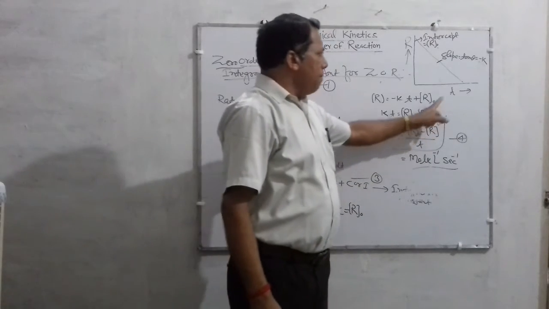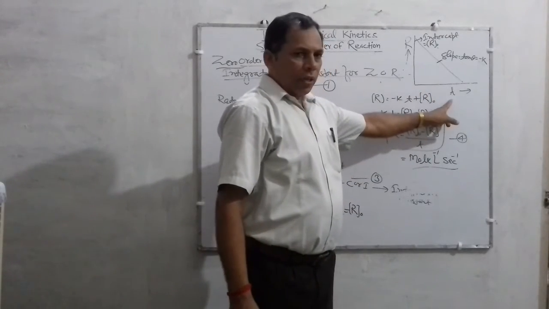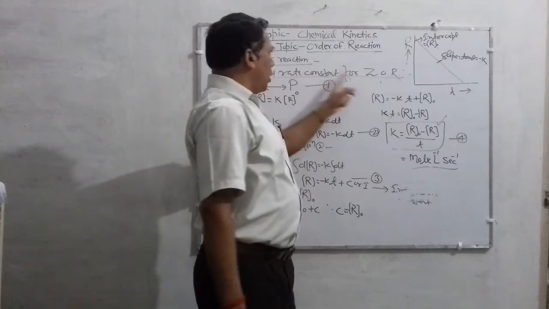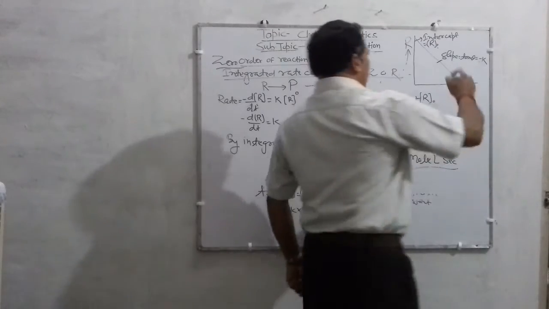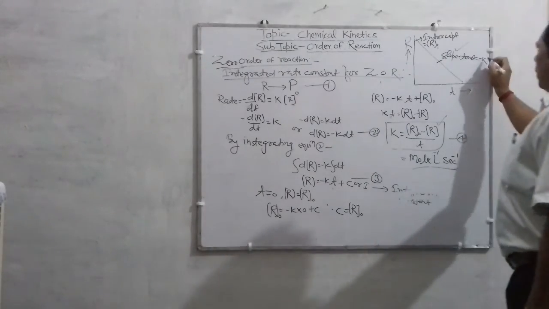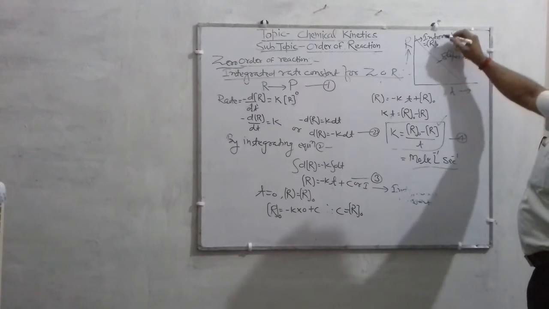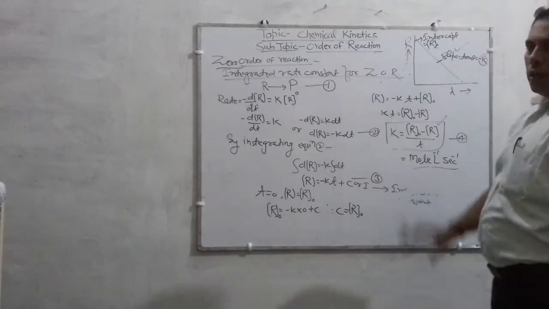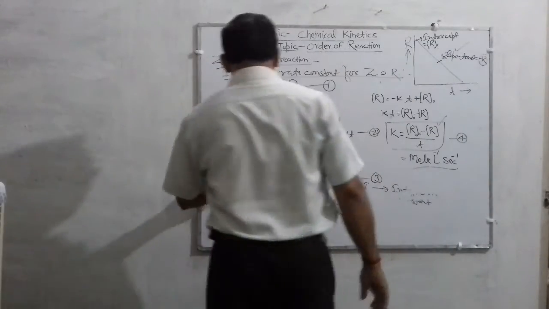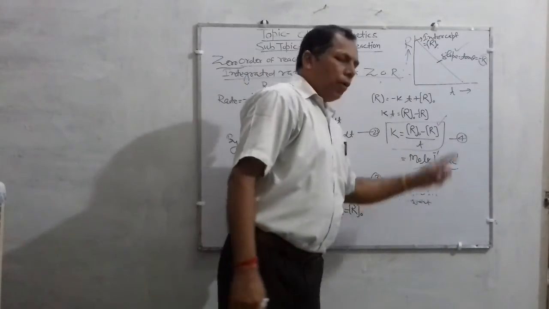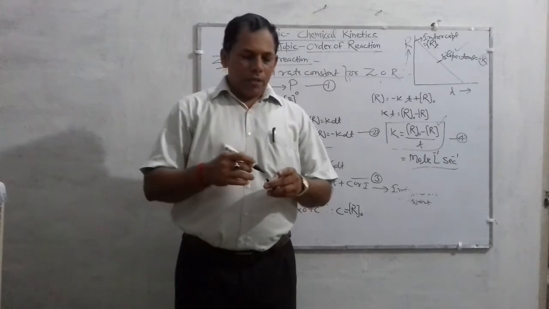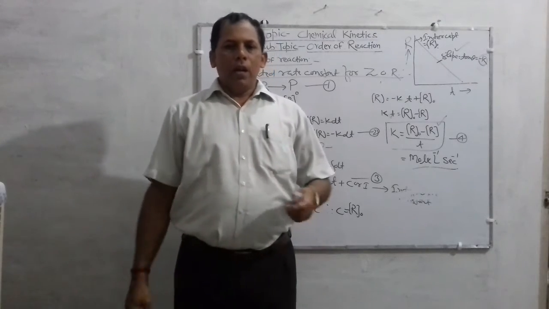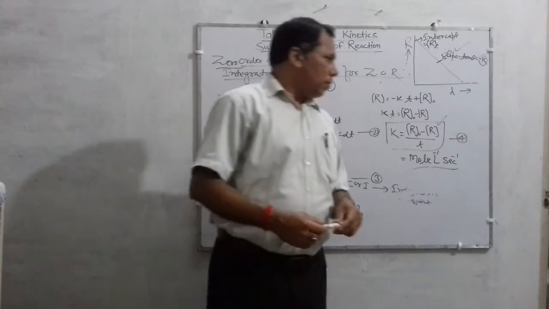So by plotting R versus t for zero order reaction, you will get slope equal to minus K and intercept equal to R0. So must remember.